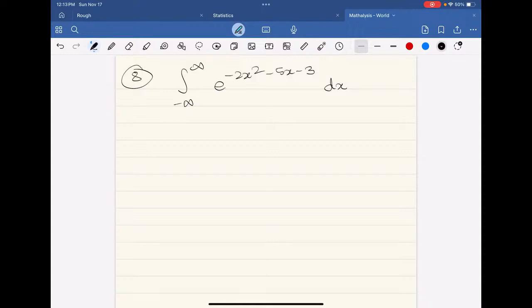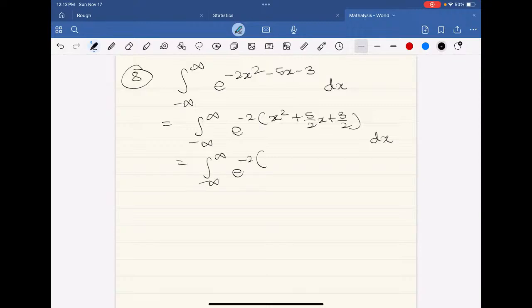Now let me see how I can do this. What I can do is take 2 common, and then this will be x square plus 5 by 2x plus 3 by 2 dx, right? Now I can try to complete the square.